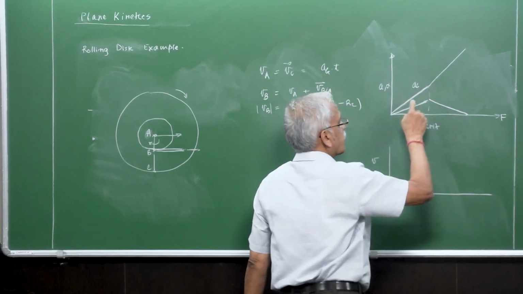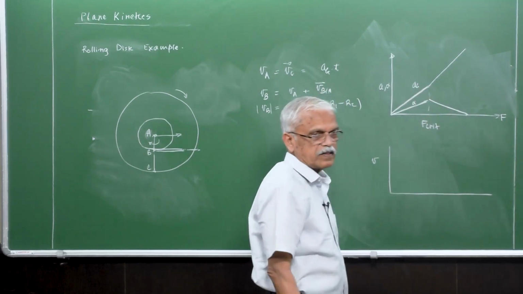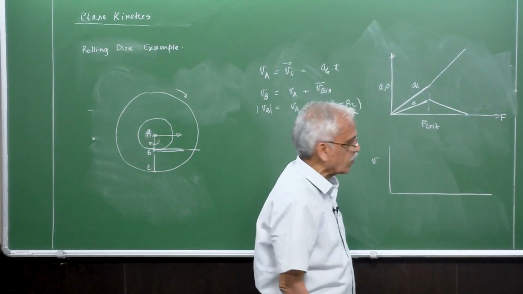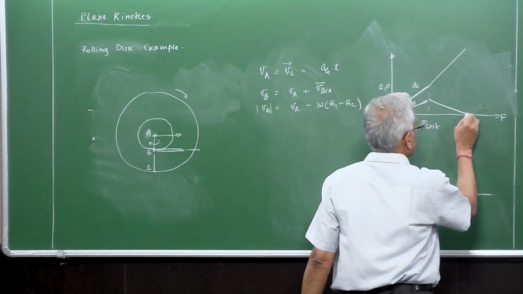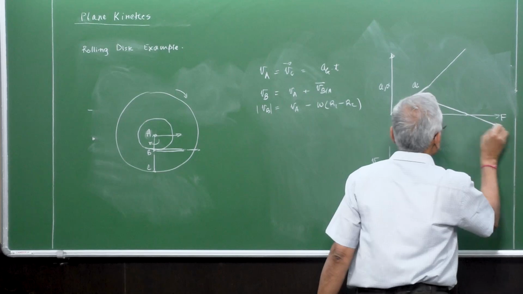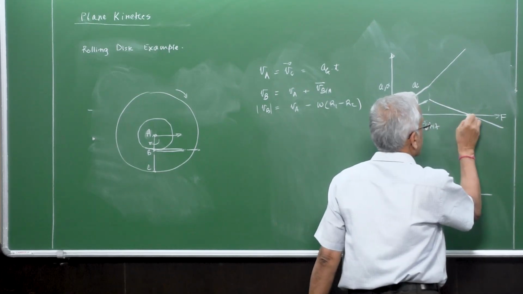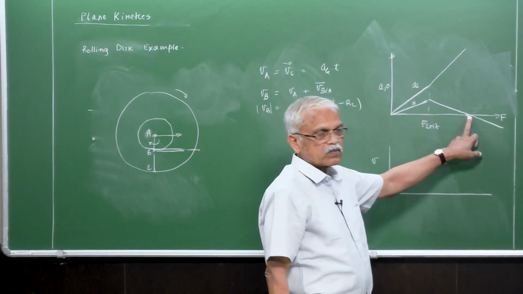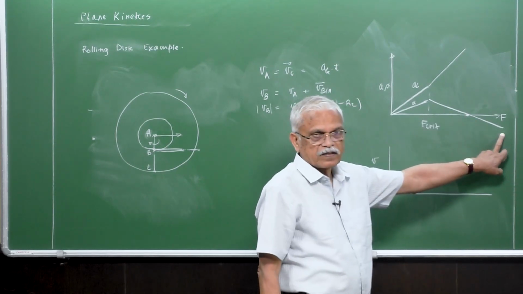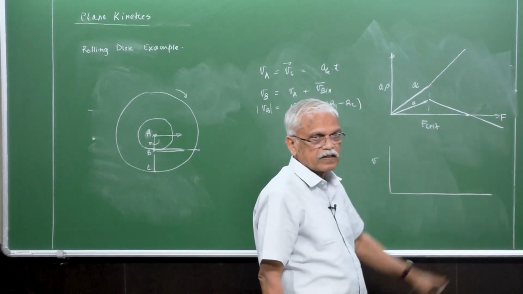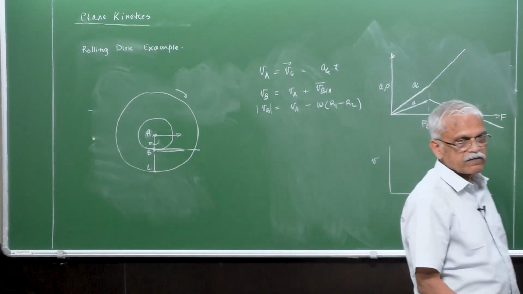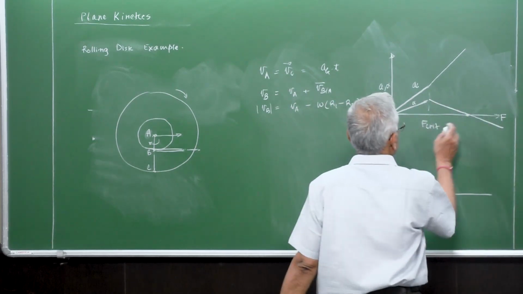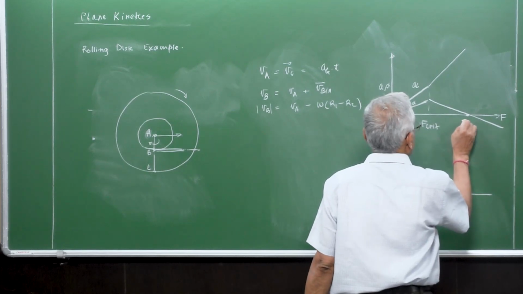So this is moving forward, and this also continues to be clockwise. But after some time, this starts decreasing. At some point, this becomes 0, and then it becomes negative here. So what does that mean? This point, when F is this value here, this is the first, and then this is the second critical value.